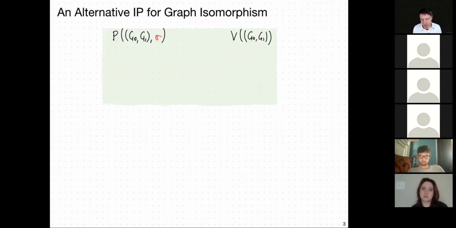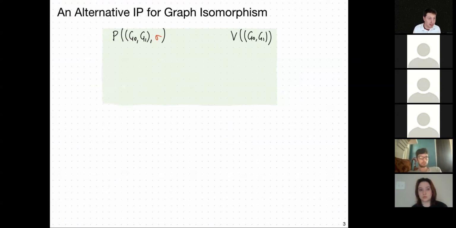So here is the interactive proof. Both the prover and the verifier receive as common input the instance they're discussing, a pair of graphs, G0 and G1. The prover receives as additional auxiliary input a private permutation sigma, which claims to be an isomorphism between G0 and G1.